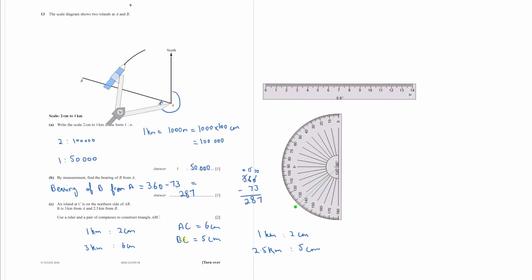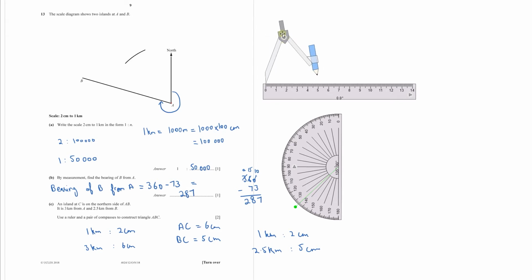And then BC is 5 centimeters. So I can bring my compass back and open it up till 5 centimeters. So I'll place it at 0 here, make sure it's completely aligned with the ruler, and then open it up till 5 centimeters.